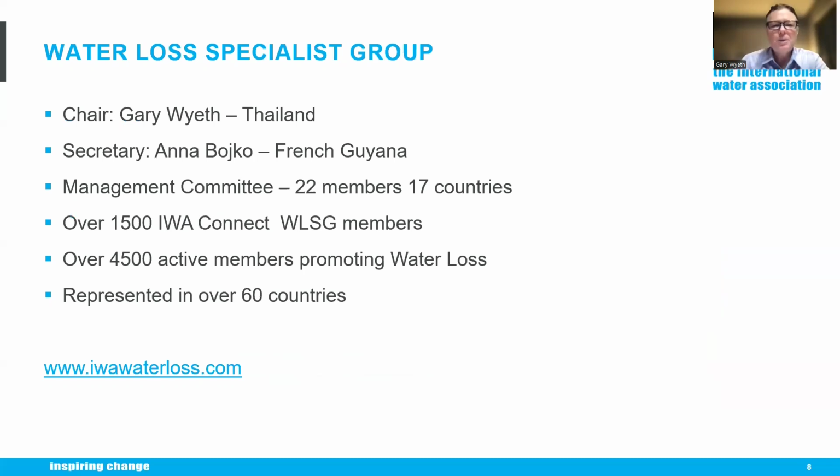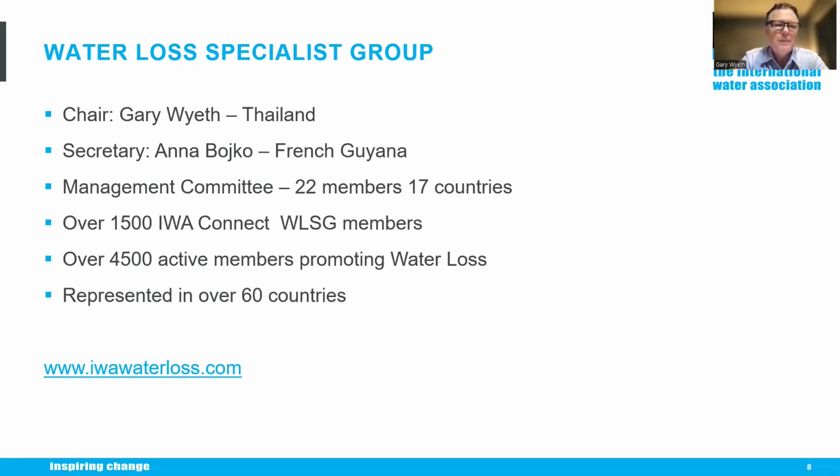But the IWA is also made up of a number of specialist groups. One of the biggest ones is the Water Loss Specialist Group, of which I am the current chair, and Anna Bochko is the secretary of the group.